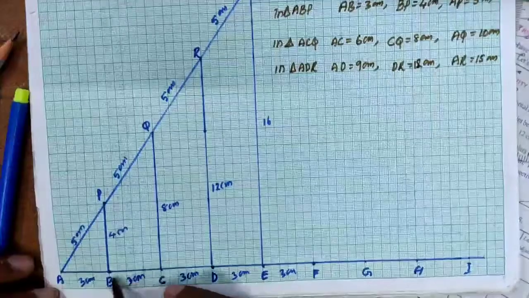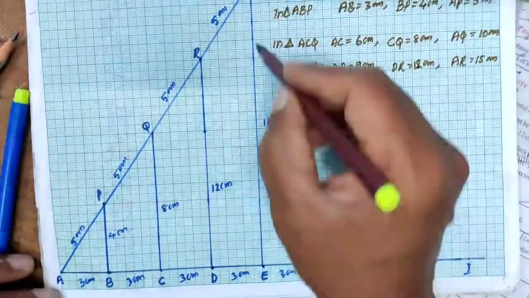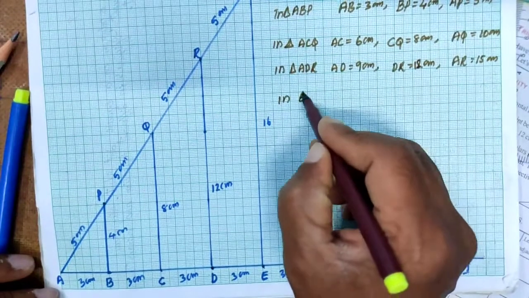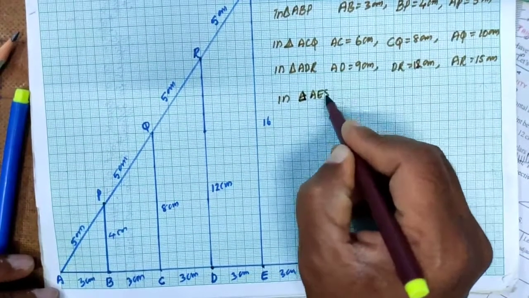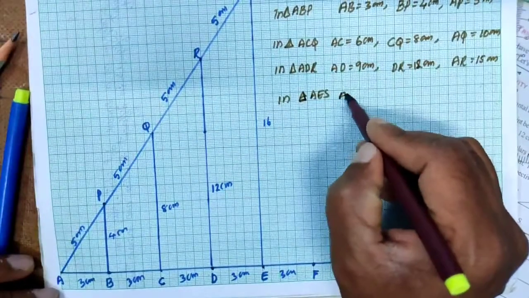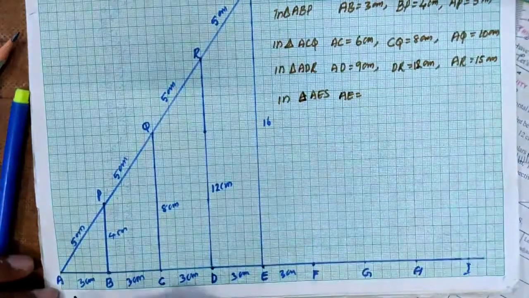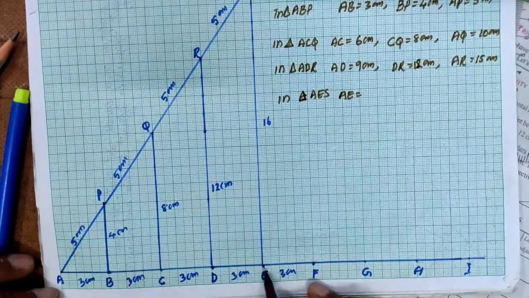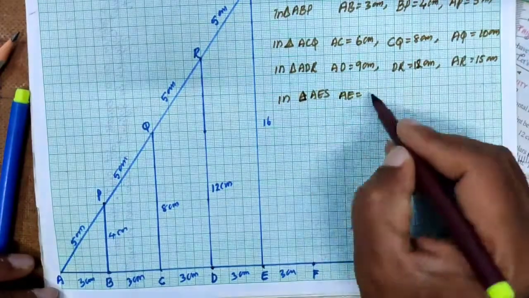And in triangle AES, AE is 3 plus 3 plus 3 plus 3, so 3 fours are 12, AE is 12 centimeters.